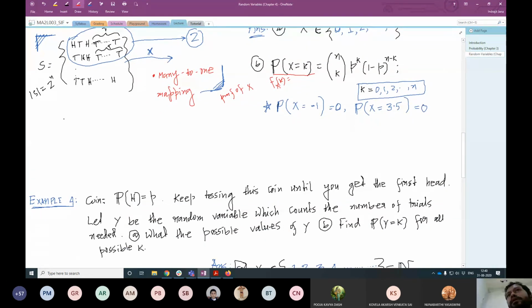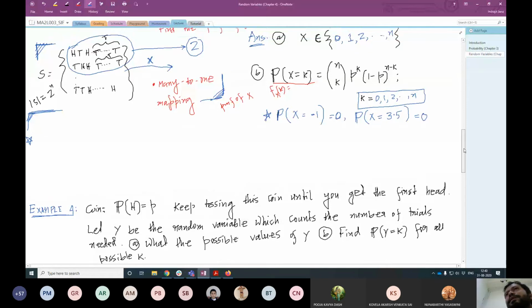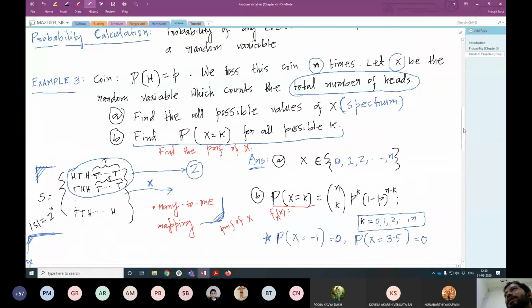Okay, one more thing about these two problems, examples 3 and 4. In example 3, if you think about this, this is actually what you're doing: you're tossing a coin 8 times and counting the number of heads.